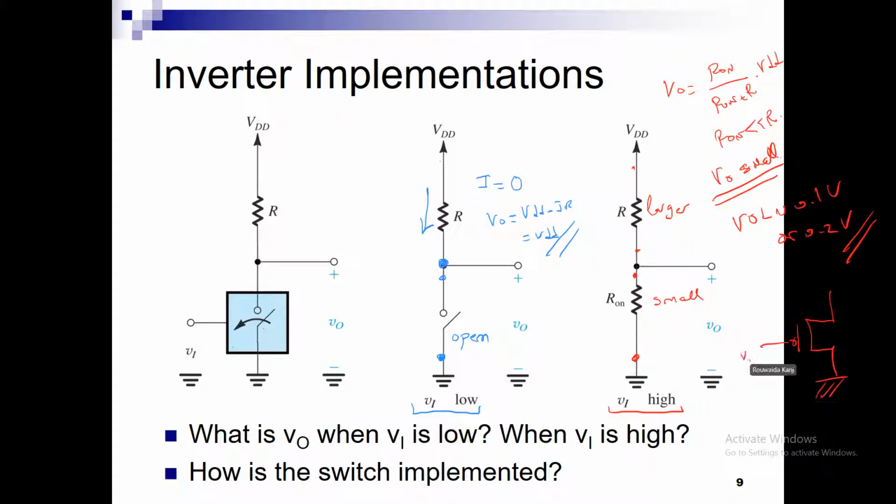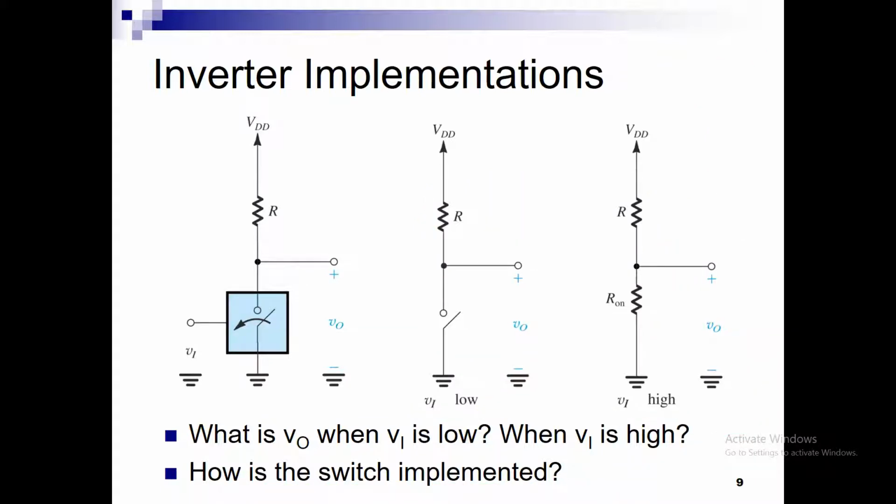Because if Vn is 0, the transistor, this is an NMOS, will be off, and if Vn is VDD, the NMOS will be on and will have a small resistance. Okay, so this is how we implement this switch using a transistor.